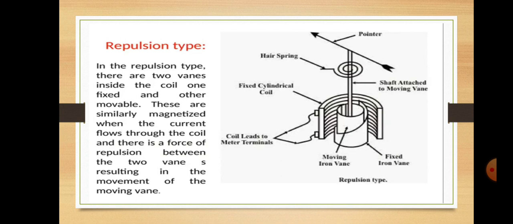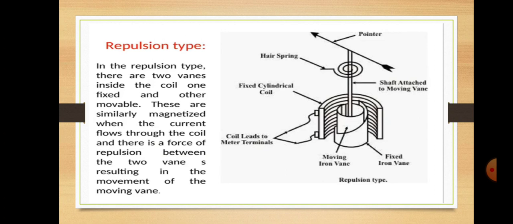These two vanes are inside the coil, one fixed and the other movable. They are similarly magnetized when the current flows through the coil and there is a force of repulsion between the two vanes, resulting in the movement of the moving vane.